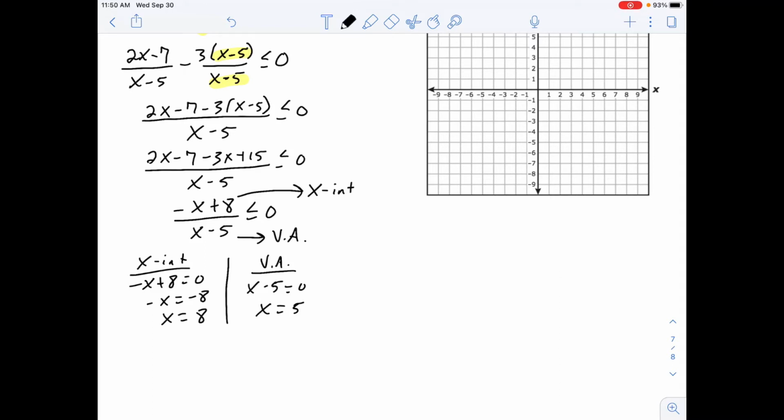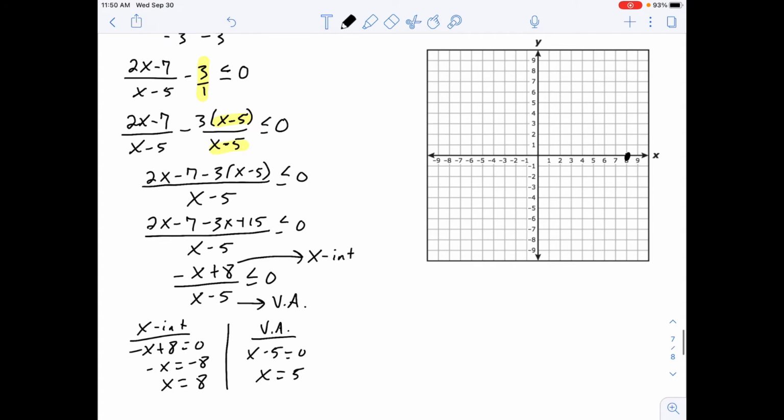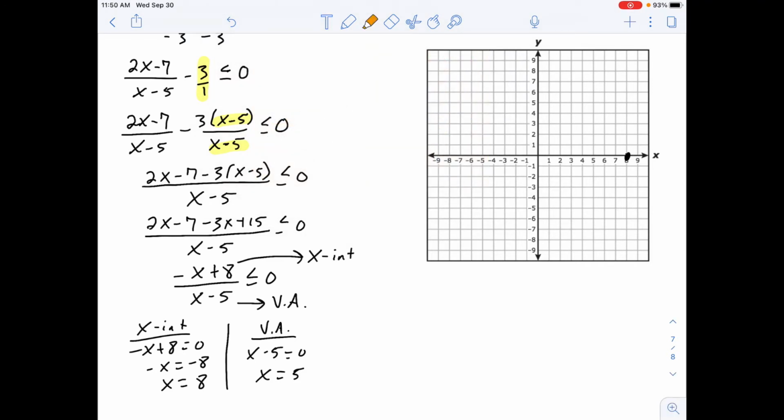So let me put those on the graph so we can see that. So we have the 8, it's the x-intercept, and then I have a vertical asymptote at 5. And I'm going to use a highlighter to show this.